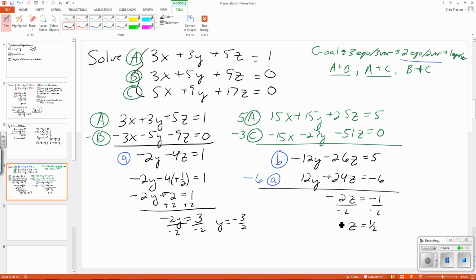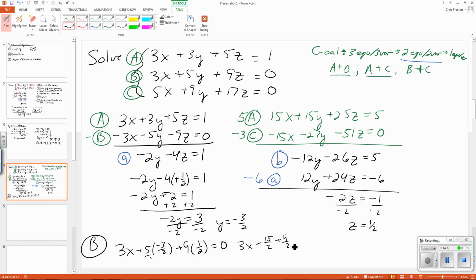Now that I know z and y, I want to go somewhere where it has an x as well. So let's say I go to capital B here. 3x plus 5 times negative 3/2 plus 9 times positive 1/2 equals 0. So 3x, this is going to be what? Negative 15 halves, positive 9 halves.